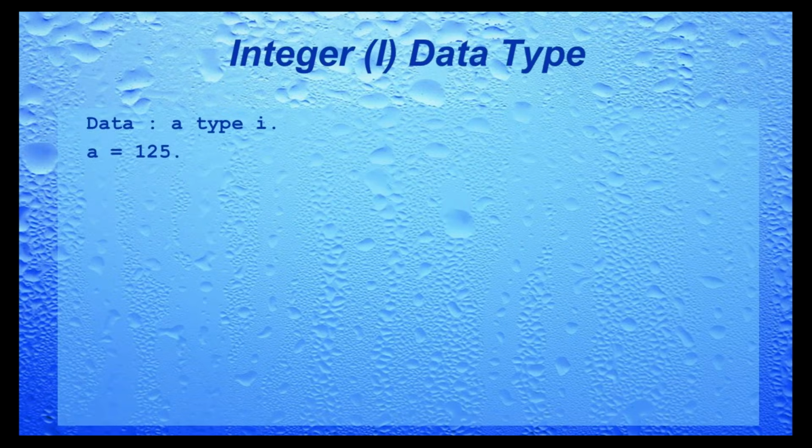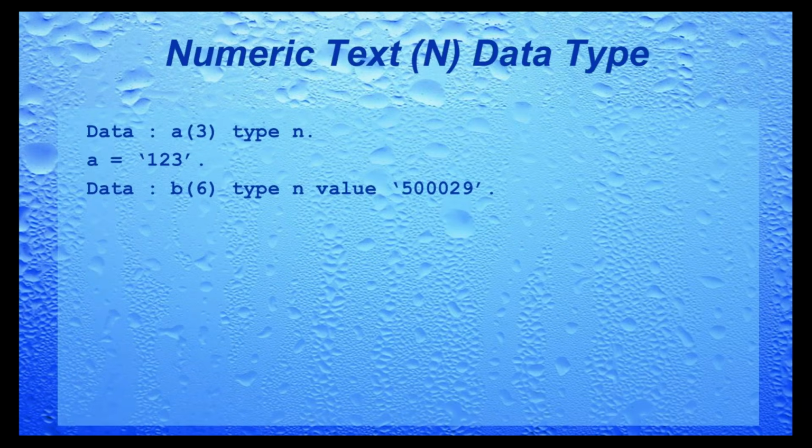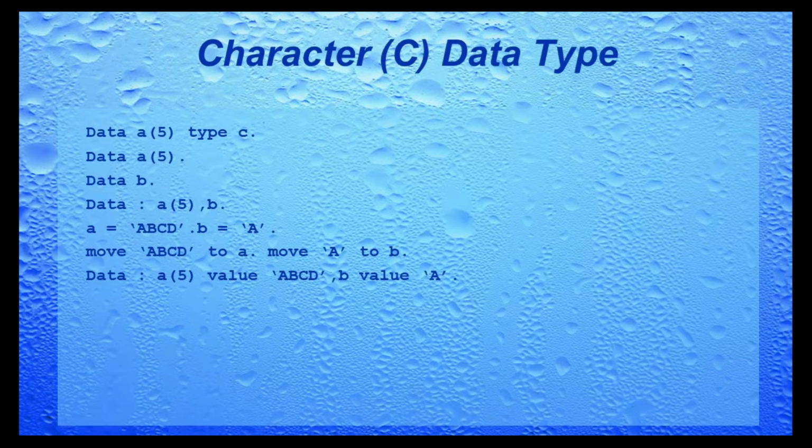What Meghna is asking is, I'm mentioning A of 5 and B. Are these both the same? No. B will have the default length of 1 and A will have the default length of 5. That's the difference here. But both are characters.